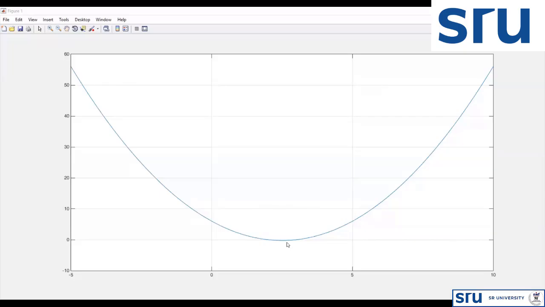This point will be 2.5. You can also guess it is the center point between 0 and 5, so it will be 2.5. At this point, your function has the minimum value of minus 0.25. So you got this from MATLAB.